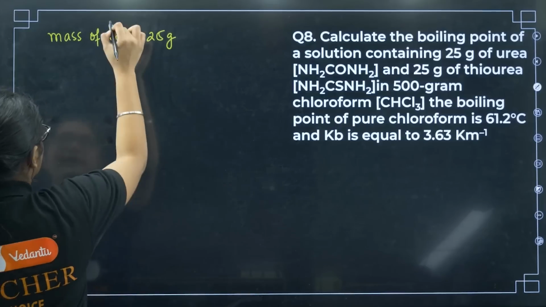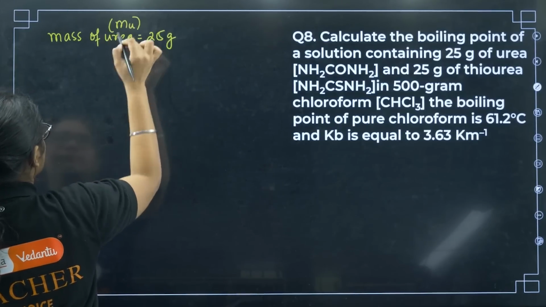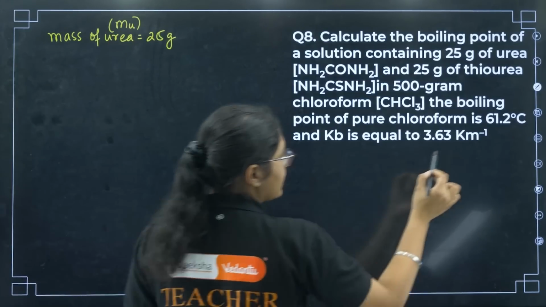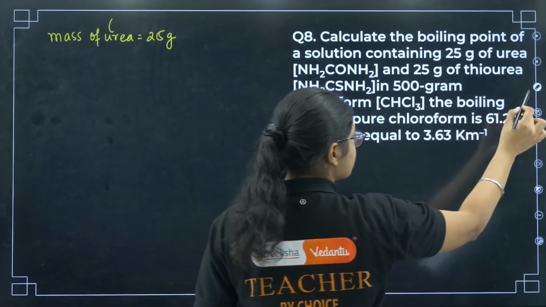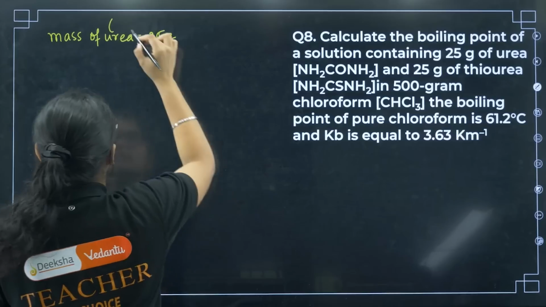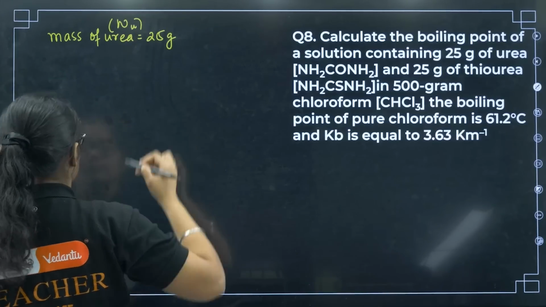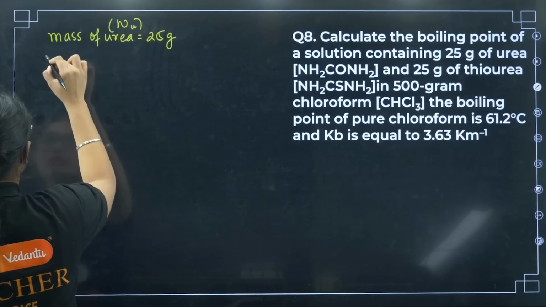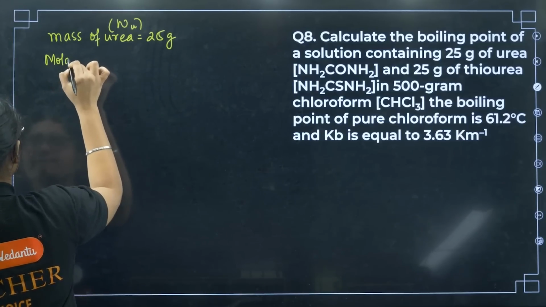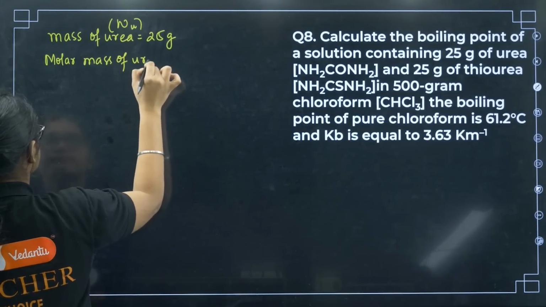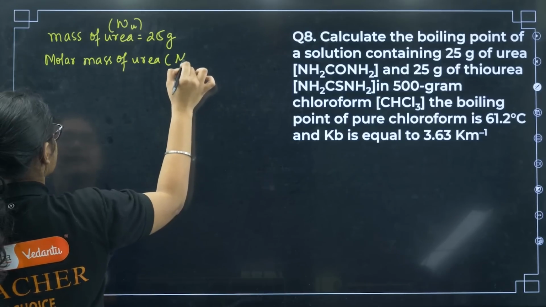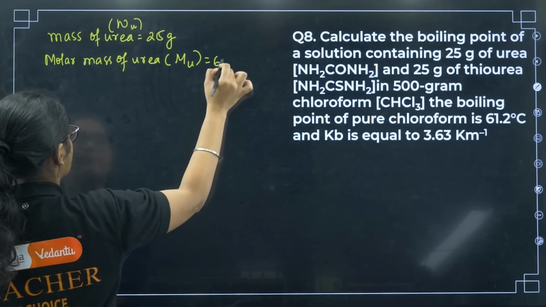I can represent this as Wu, because for the given mass we use W and for the molar mass we use M. Then I can write down molar mass of urea, that is Mu, 60 gram per mole.